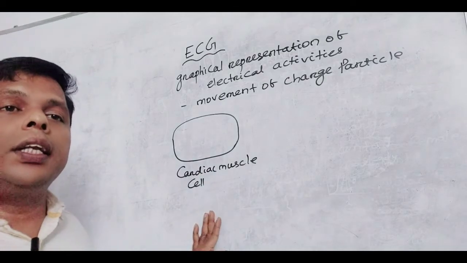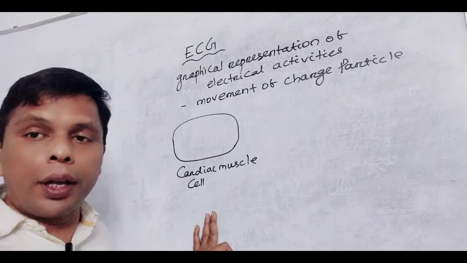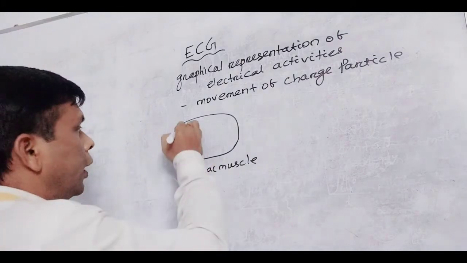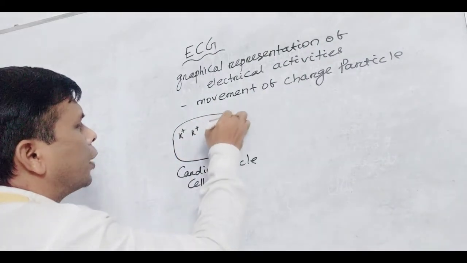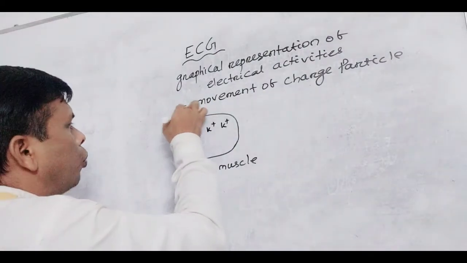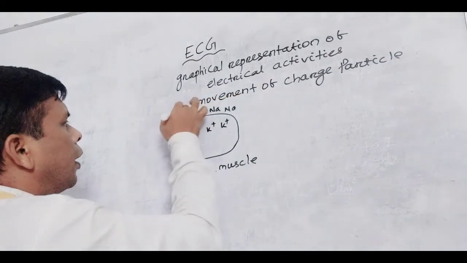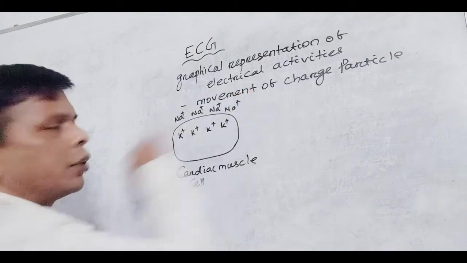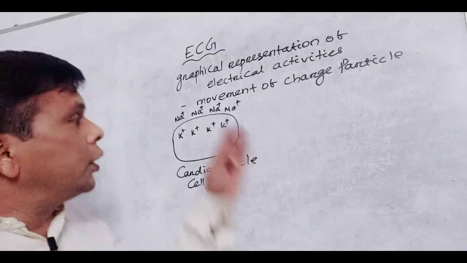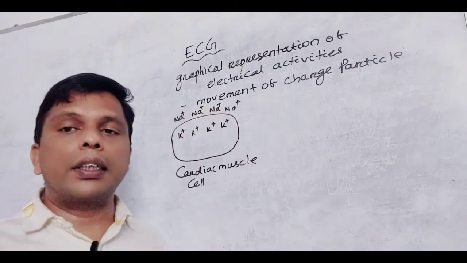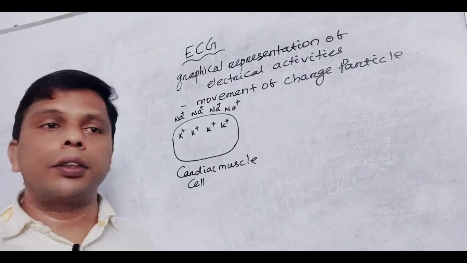When the muscle is in relaxed state, what is the ionic concentration? Inside the muscle there is more potassium ion, outside there is sodium and chloride, NaCl, Na plus, Cl minus, outside this cell. This composition is generally found during the relaxed state.